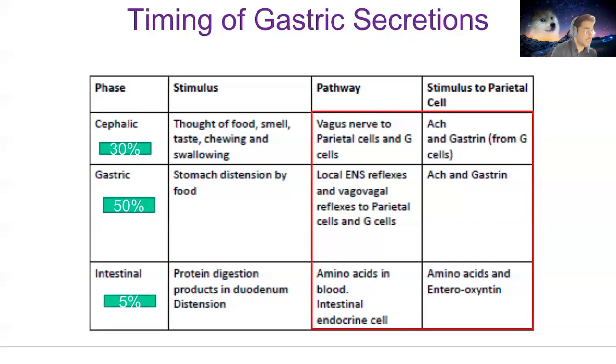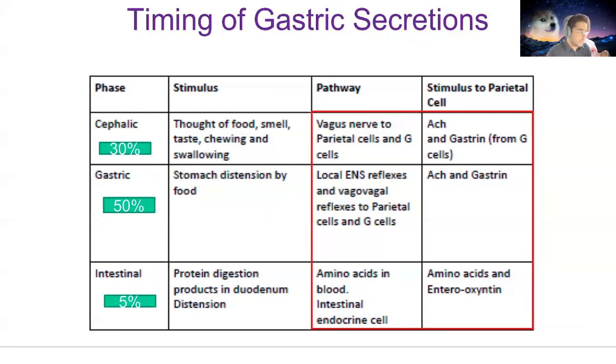The gastric phase is more driven by the fundic distension, right? Food comes in from the esophagus, spreads the stomach a little further out. The rugae have to spread out, if you remember your anatomy for your stomach. And the local ENS reflexively allows for the release of acetylcholine and gastrin. Parasympathetic as well as the local enteric nervous system responding to this.